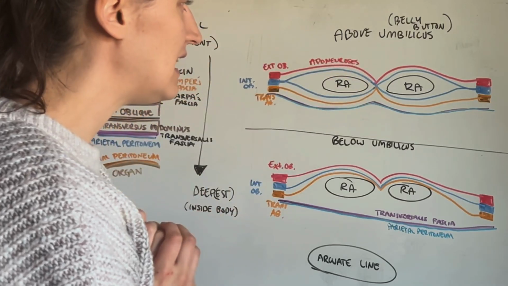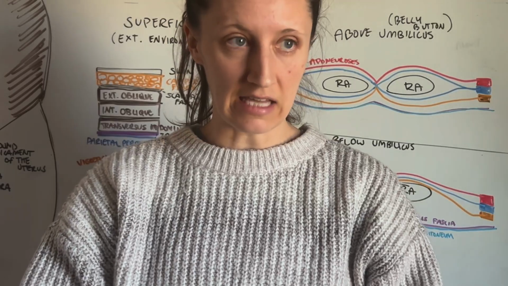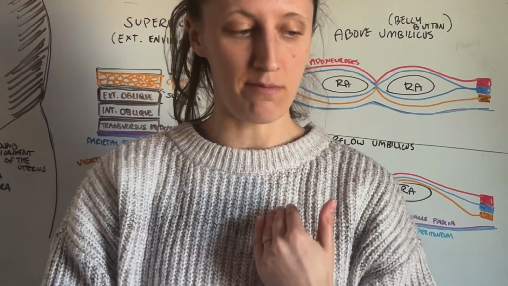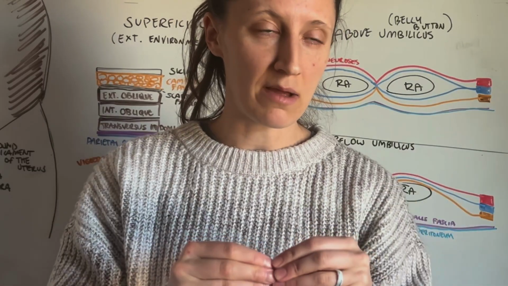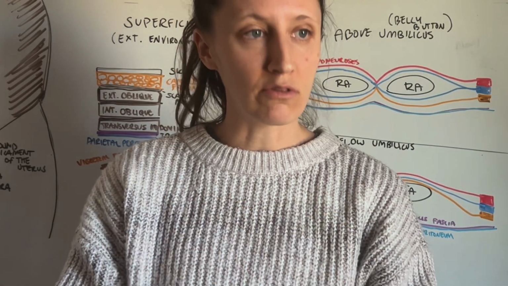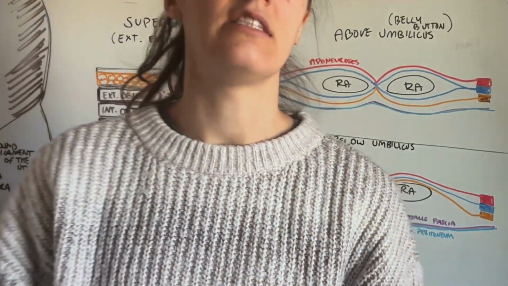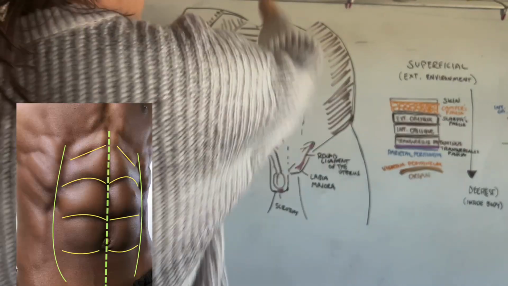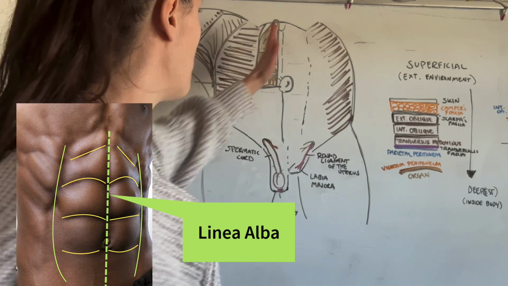So that is our linea alba. Think Jessica Alba has nice abs, and when you see somebody with that very defined line down the middle going through their umbilicus, that is the linea alba. That is where all of those aponeuroses are coming together around the rectus abdominis muscle to create an indentation, essentially. So the linea alba is that midline sagittal line, longitudinal line down the middle of your abs.